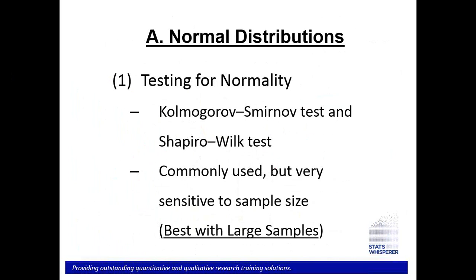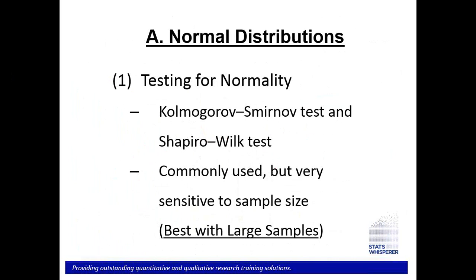Now, we just don't look at the distribution and say if it's normal or not, right? We have to test it, right? We have to put some empirical test to it. And one of the main ways people do that in SPSS is they apply the Smirnov test or the Shapiro-Wilk test, right?